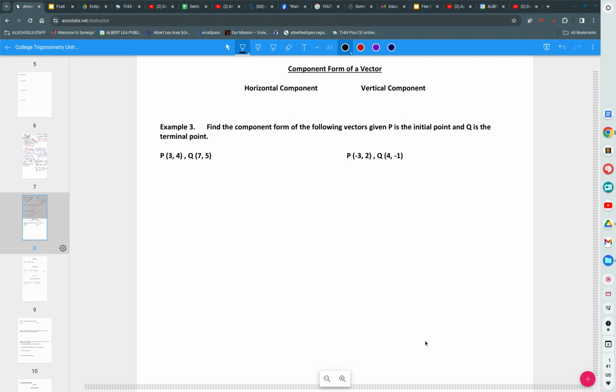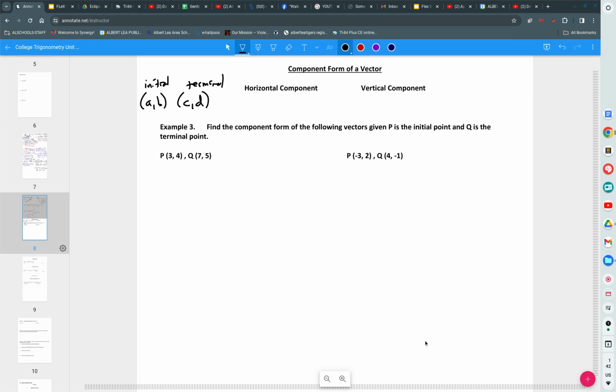Let's say you have the coordinate of A, B and another coordinate of C, D. And you wanted to place the vector in what's called component form. So we'll say that this is the initial point and this is the terminal point.